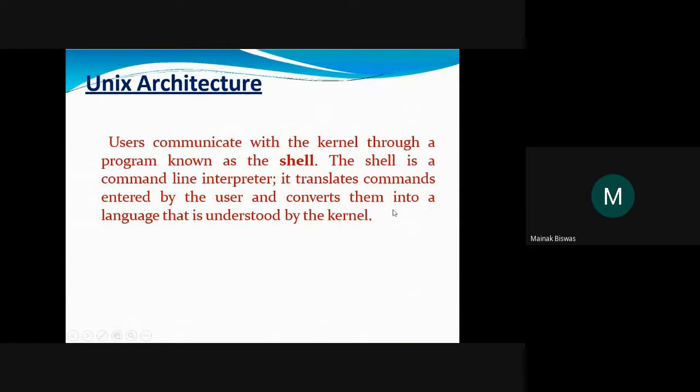How do the users connect with the Unix operating system? It is through the shell. The shell is a command line interpreter. It translates the commands entered by the user and converts them into a language that is understood by the kernel.